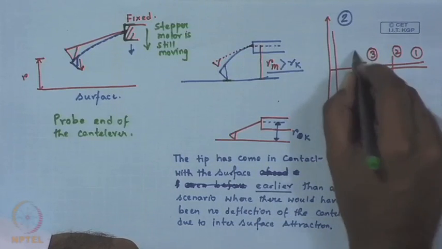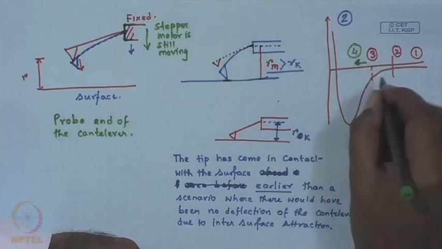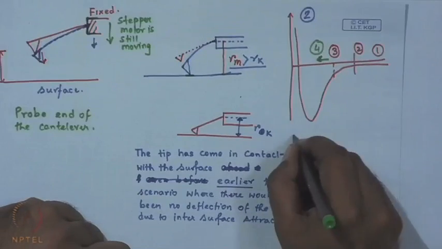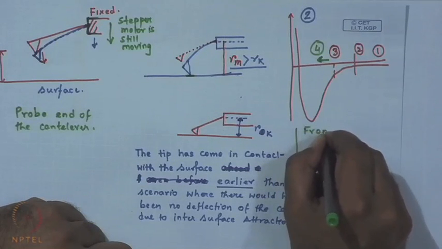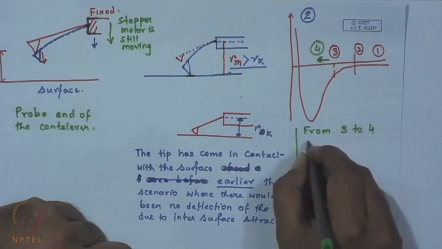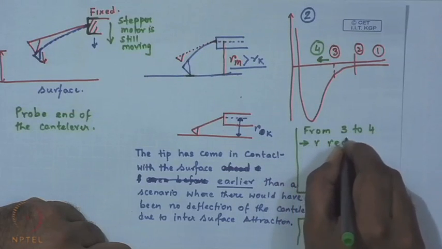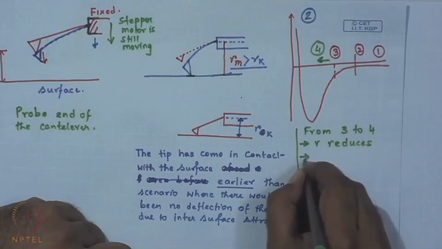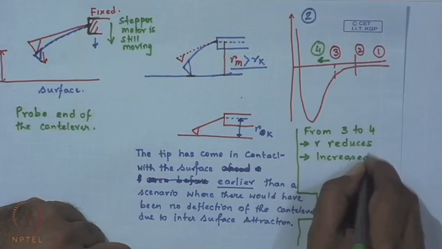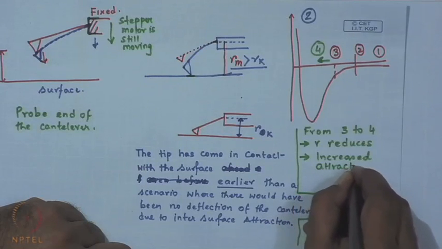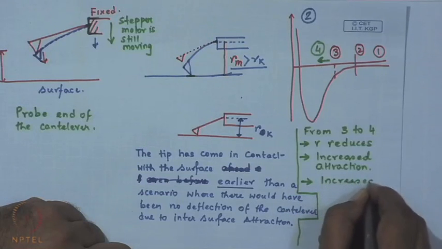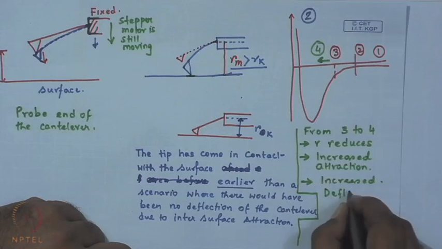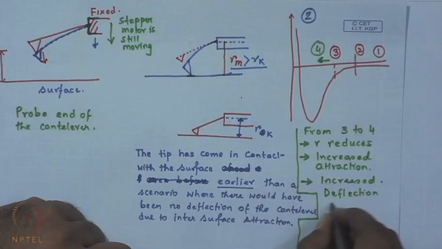This is important. From 3 to 4, which is even closer, R reduces, so there is increased attraction, and this gets reflected in increased deflection of the cantilever.